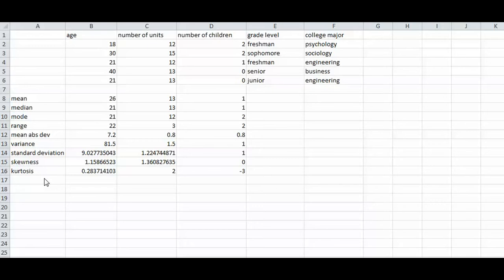The same thing is true for correlation coefficient, meaning I'm not going to show you how to calculate a correlation coefficient by hand, but I just want you to understand the idea behind it. There is a formula that can be used to calculate it by hand, but we won't use that formula in this class, just like how we aren't using the formulas that would be used to calculate skewness and kurtosis by hand.